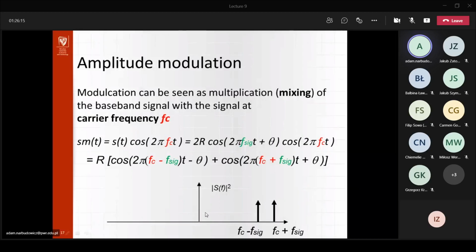We had our slow changing signal at the frequency f_sig, and we basically modulated it, or moved it, into a much higher radio frequency that can be transmitted over radio, or over wire. Is that so far clear?